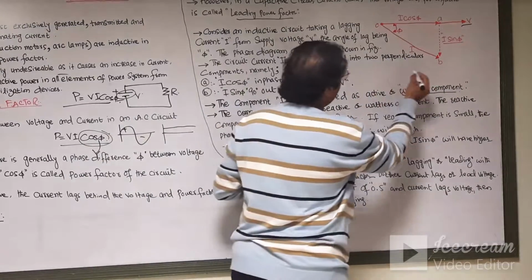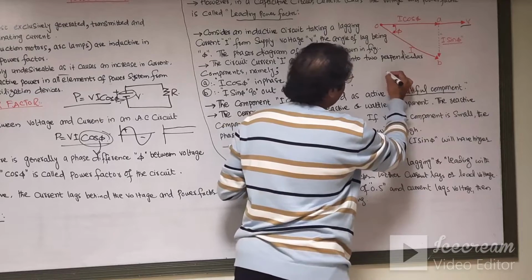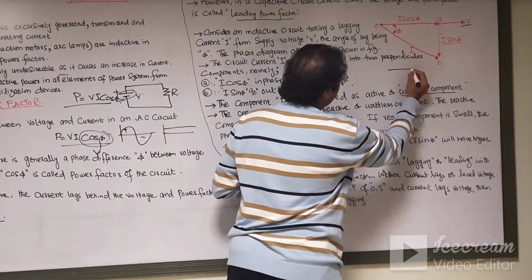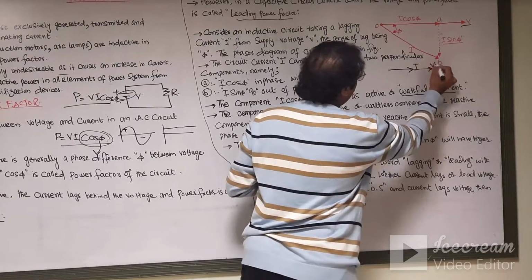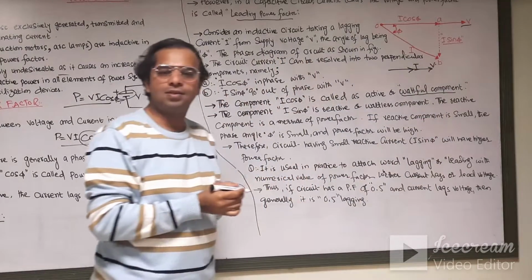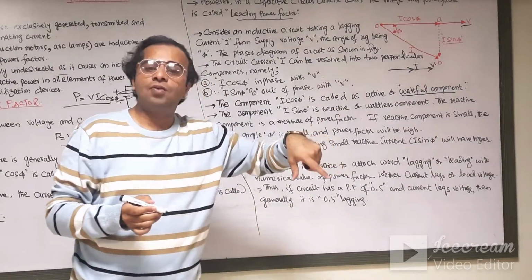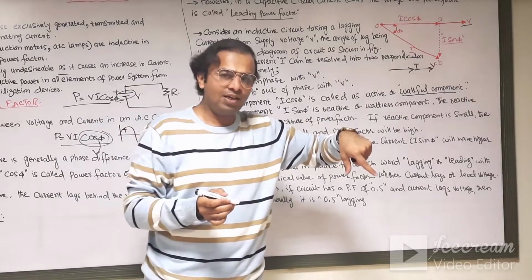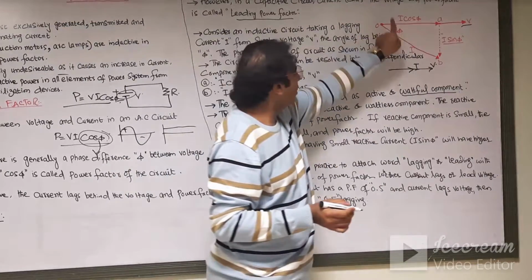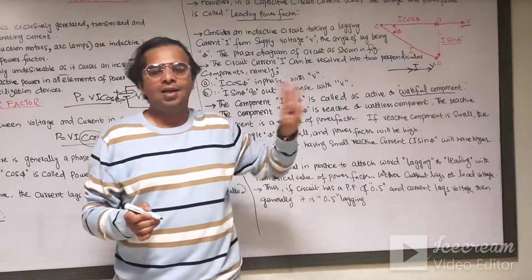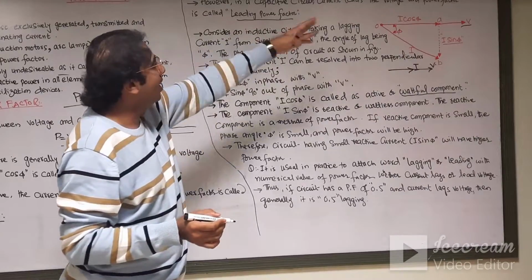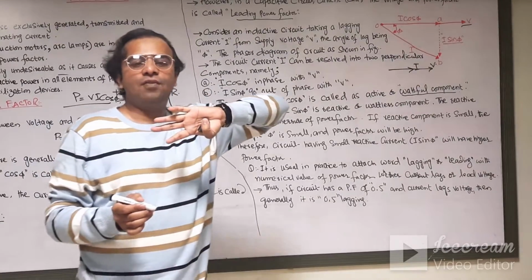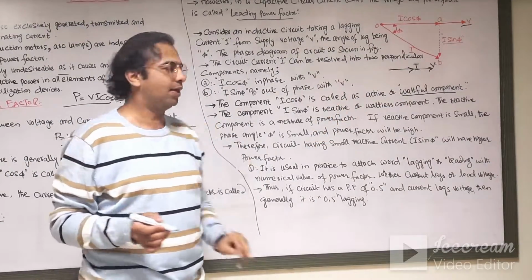Now when we are discussing the resistor, this is the current and this is the voltage, both in phase with each other. But in the inductive circuits, the voltage leads the current at the angle of phi. In the capacitive circuit, the current leads the voltage, and in the case of the inductive circuits, the voltage leads the current.